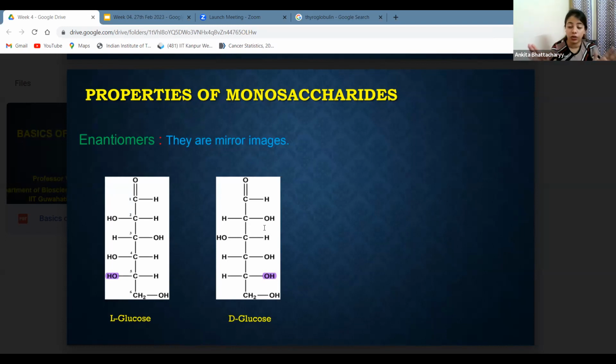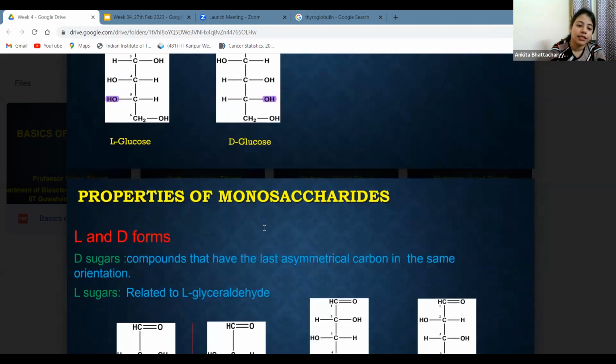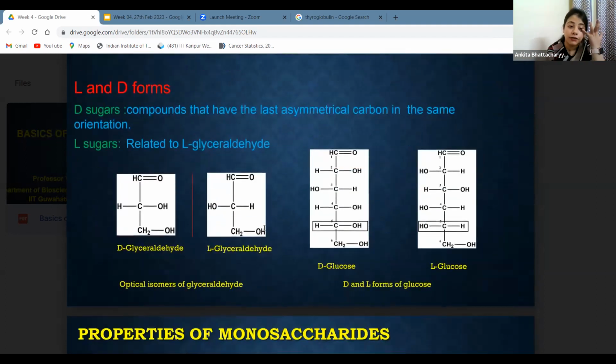If we directly superimpose one on top of the other, they are not superimposable, and therefore these are known as enantiomers. So that's what we get, L-glucose and D-glucose. So the L and D forms are looked at here. These sugars are compounds where the last asymmetric carbon is present in the same orientation.